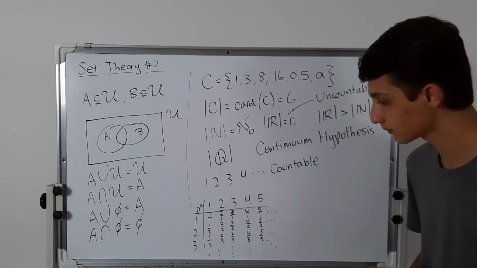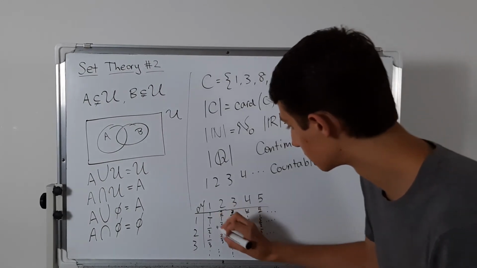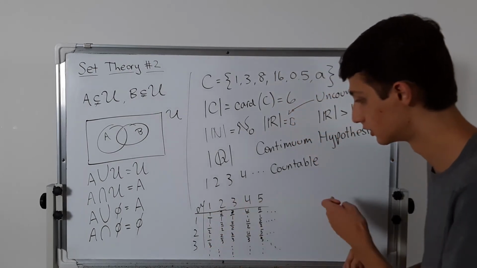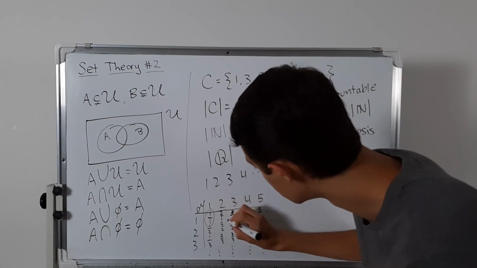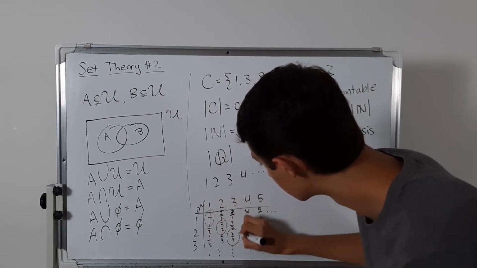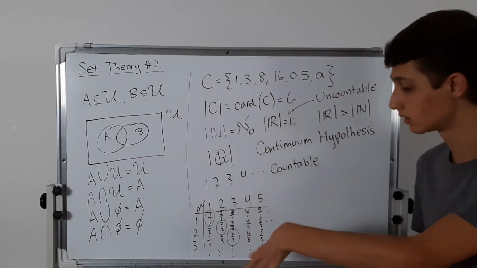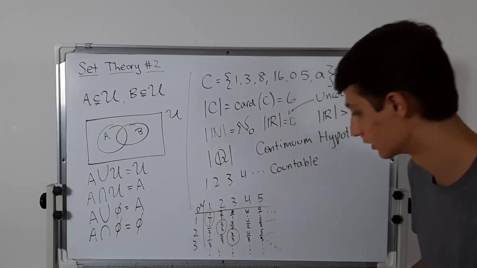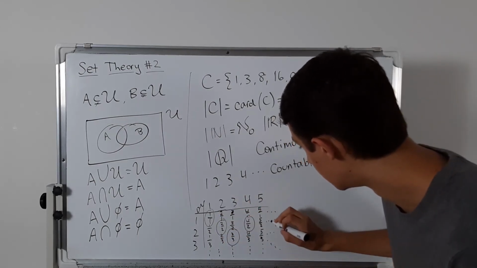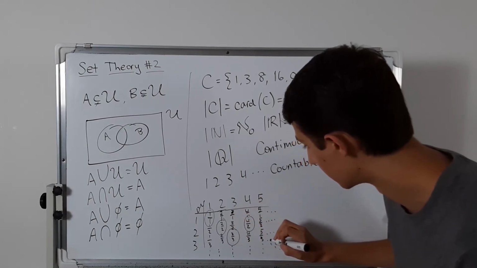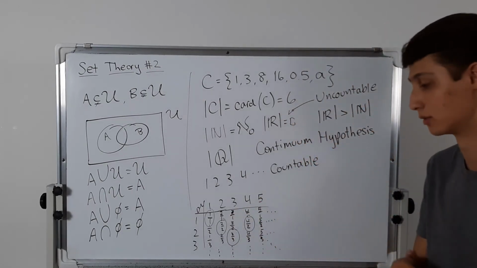You can see that's 1, that's 2, 3, these are all the integers. But then you may say, okay, there's a repeat here: 1 over 1, 2 over 2, 3 over 3, and so on. Those are all just equal to 1, so you can cancel those out. There's also 4 over 2, which is equal to 2. If I went on a little more, I could find some more.